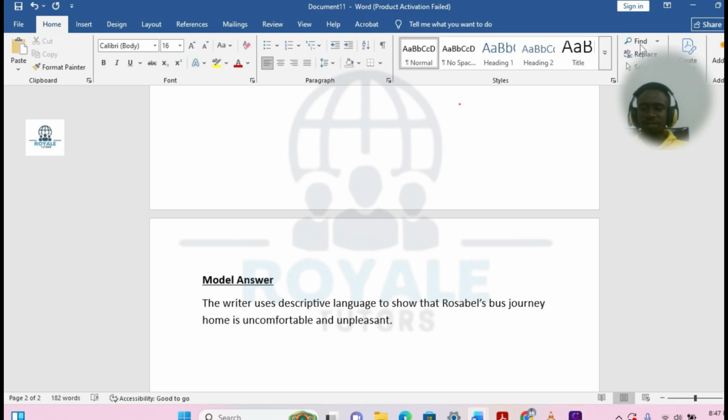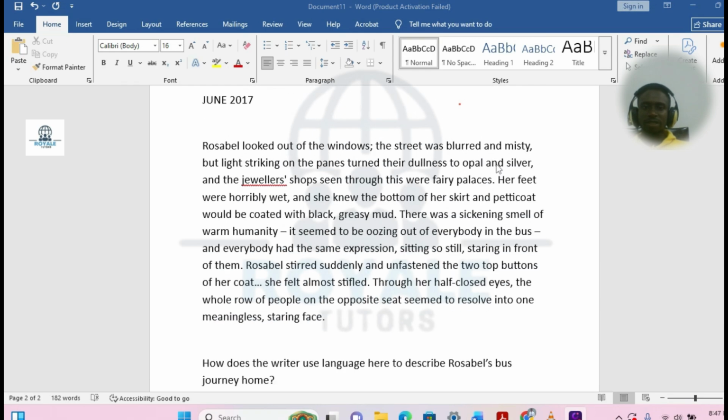So now, how do we get our evidence? Let us pick our evidence from the text as fast as possible. Like I said, you can see from this point that the street was blood and misty. The street where Roosevelt was coming from was already blood and misty. You know what that means? That's already uncomfortable.